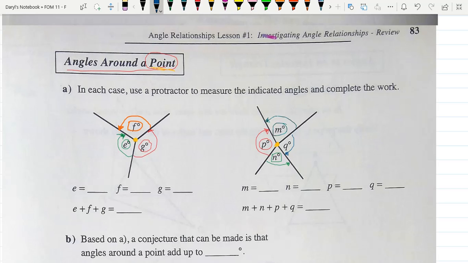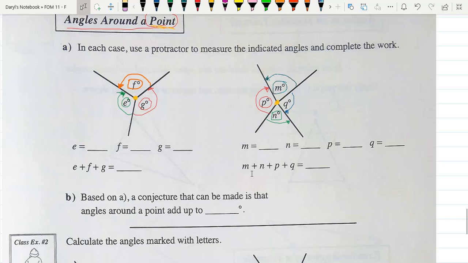And if you're going to take the sum of all the angles, hopefully, before you continue this video, try to pause it and measure each.